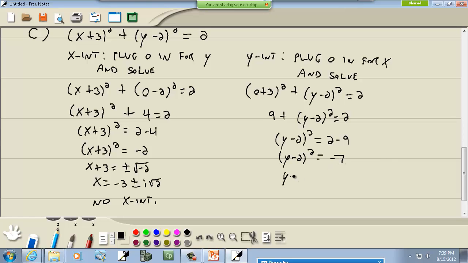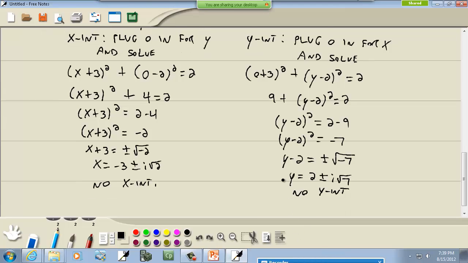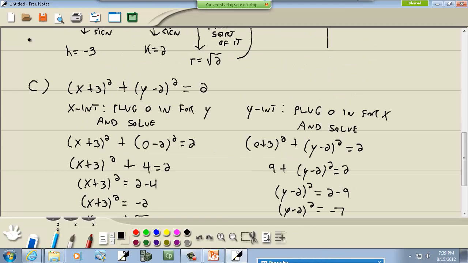Square root property, drop a squared, and put a plus or minus square root around the other side. And then solve for y. So we'll take the negative 2 over, it becomes a positive 2. Bring the negative inside the square root gives us an i, and we get y is equal to 2 plus or minus i square root of 7. Again, if you get i's, that means there is no intercept. So there is no y-intercept. So there is no x-intercept, there is no y-intercept on that particular problem.